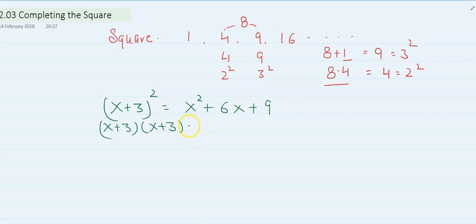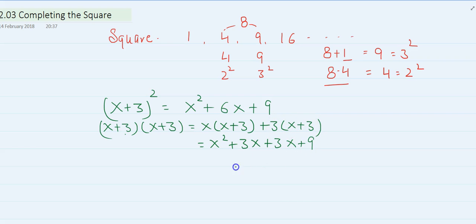So that will be x multiplied by x plus 3, plus 3 multiplied by x plus 3. So this will be equal to x square plus 3x plus 3x plus 3 times 3 is 9.